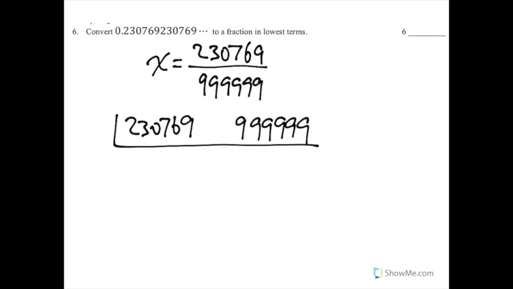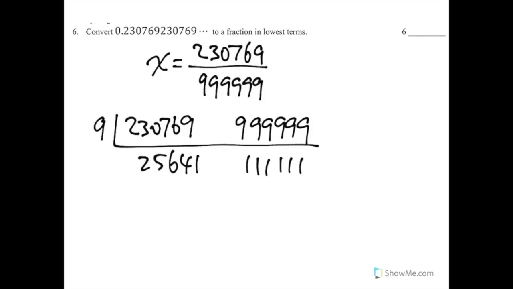So we add 2 plus 3 plus 7 plus 6 plus 9. That gives us 27, which is a multiple of 9. And so we can divide 9s out from both sides. And we would get 25641 and 101111.